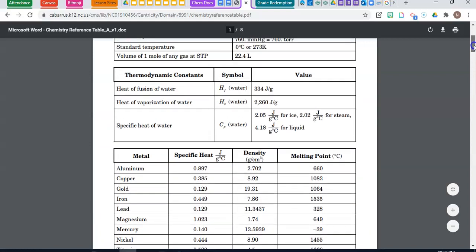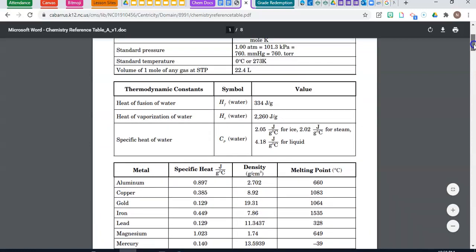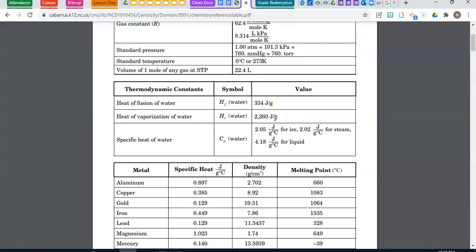You can always look it up, but mostly we're going to use water for a lot of it, or we're going to give it to you in our problems. The heat of vaporization of water is 2,260 joules per gram. It takes a lot of energy to go from a liquid to a gas. It takes a lot of energy.